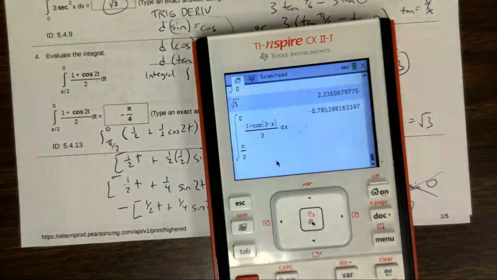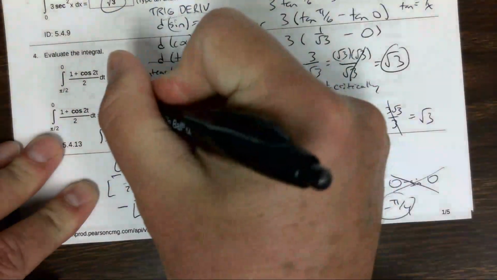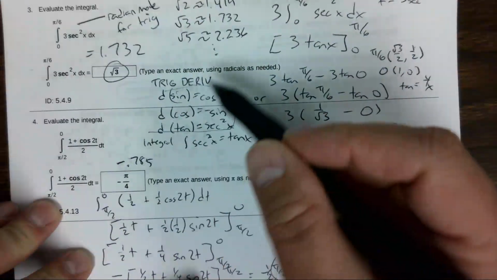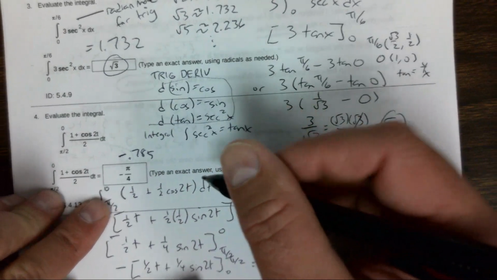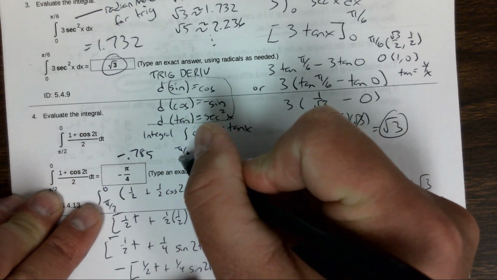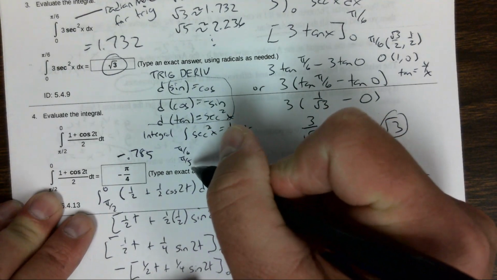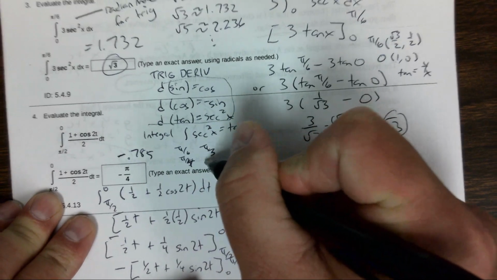So that gives you negative 0.785. And it wouldn't have matched one of the square roots. You'd have to try pi over 6, pi over 5, pi over 4. Actually skip 5. Do 4, do 3, and do 2.